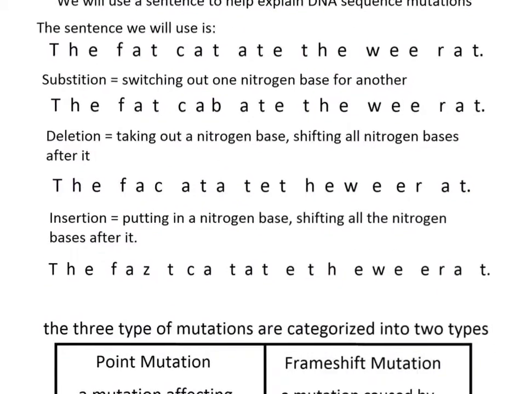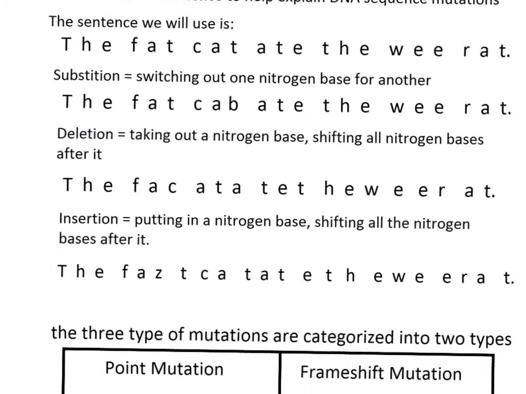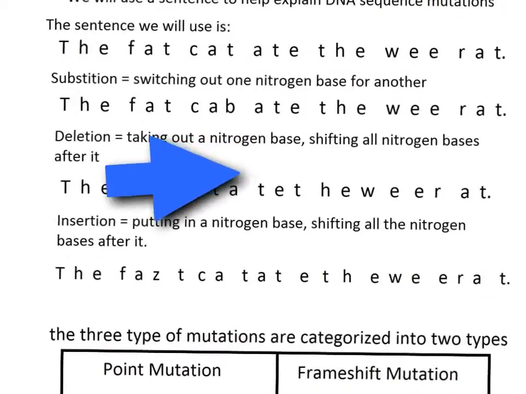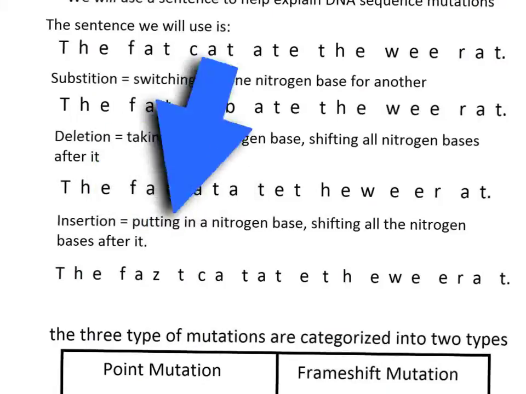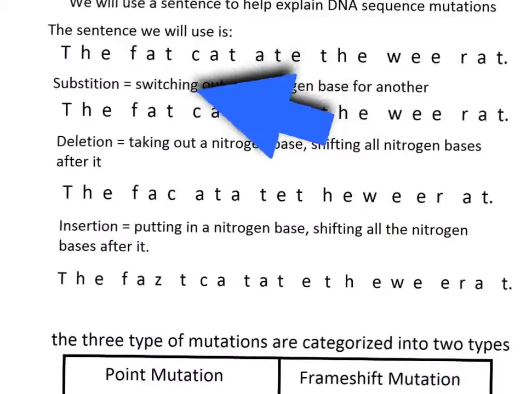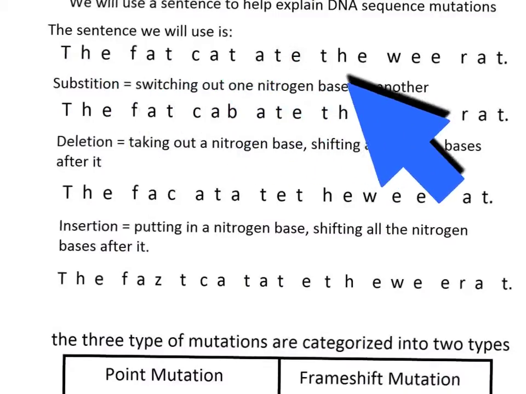Now we're going to talk about deletion and insertion, and they're very straightforward. Deletion is taking out a nitrogen base and then shifting all the nitrogen bases after it. So, again, original sentence is the fat cat ate the wee rat.